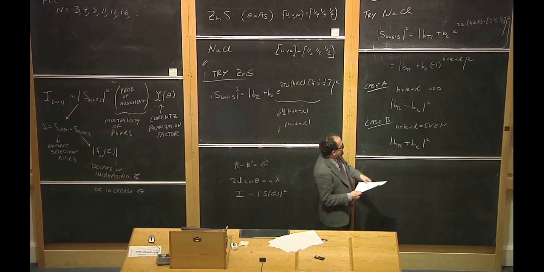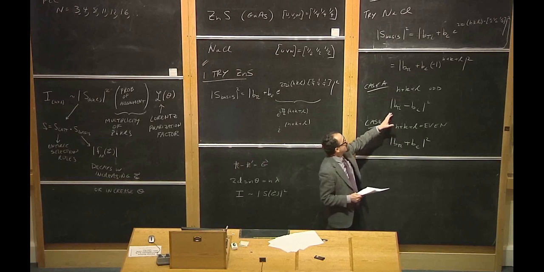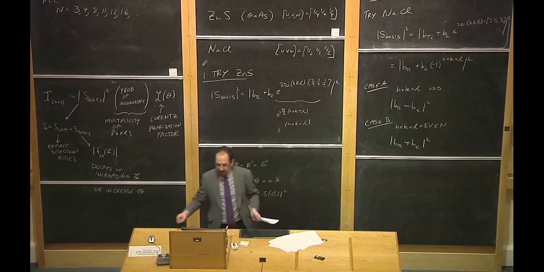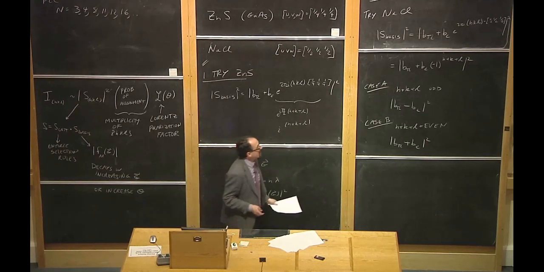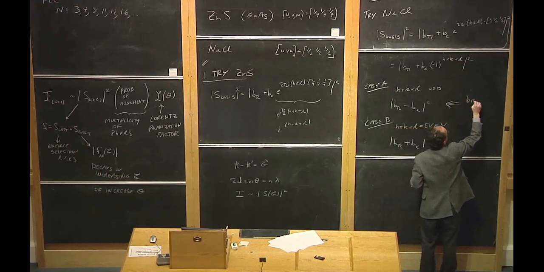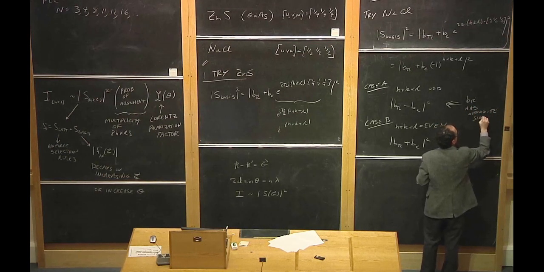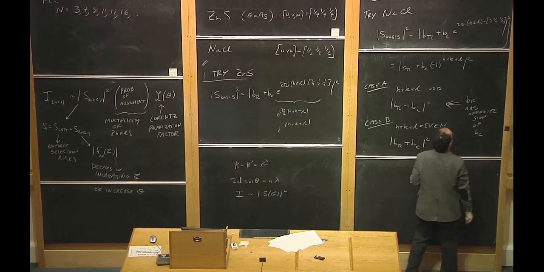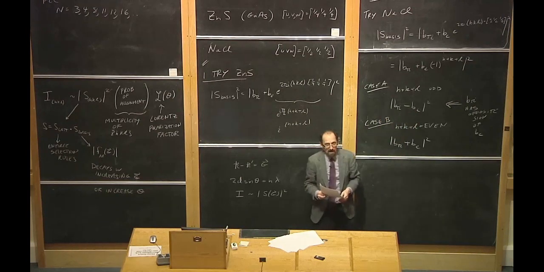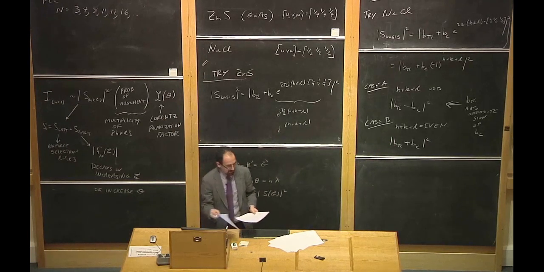Well, if B titanium and B carbon have the same sign, then the even will always be larger, whereas if they have the opposite sign, then the odd will be larger. If you look at the data, the H plus K plus L odd is clearly much larger, and so that tells us it's consistent with B titanium having opposite sign of B carbon. So the large peaks are B titanium minus B carbon squared, with B titanium and B carbon having opposite sign, and the small peaks are the sum of the two.